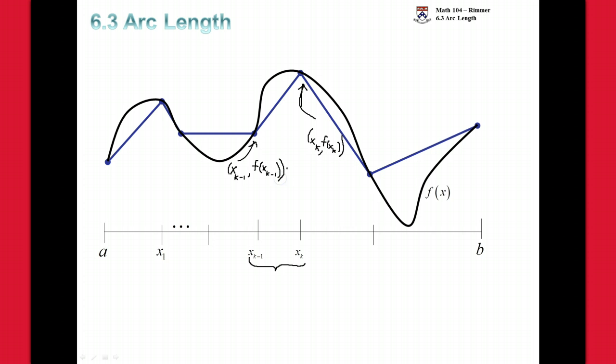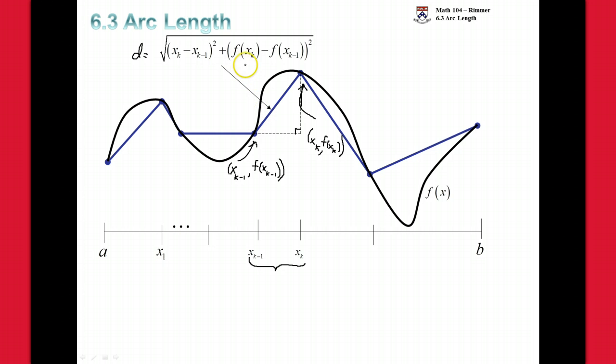So if we're to find how long the line is that connects those points, we'll just go back to pre-calc and look at the distance formula. And so the distance formula will be made up of the difference in x's squared plus the difference in y's squared, using the Pythagorean theorem. And then we take the square root. That's the distance for that particular line segment.